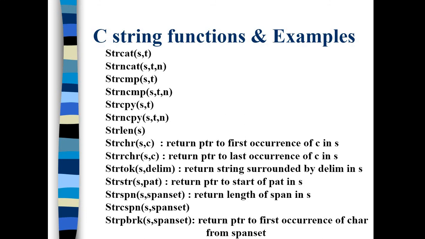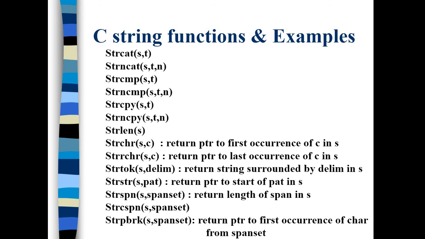And strncmp will help us to compare only n characters from T to S; the rest works similar to strcmp. The next one is strcpy, so string T will be copied to string S. Then strncpy: how many characters from the beginning of string T you want to copy to S, you can mention in strncpy.